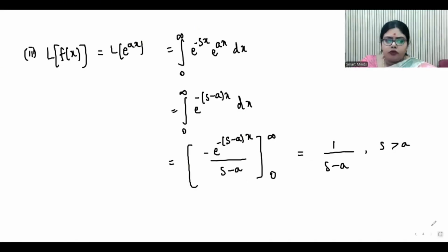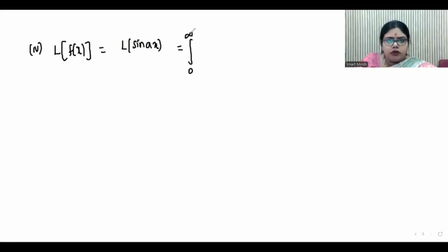Take the next bit, fourth bit. What is the fourth bit? F of x is equal to sine ax. So first we need to find L of f of x. That is equal to L of sine ax, which is equal to integral 0 to infinity e power minus sx into sine ax dx. Now we have a formula for this.